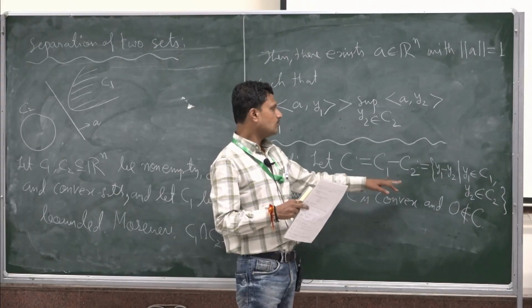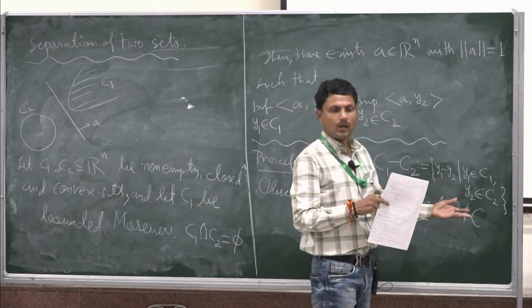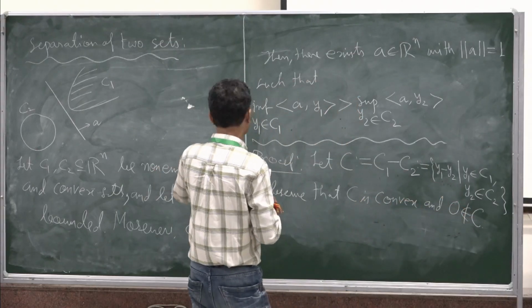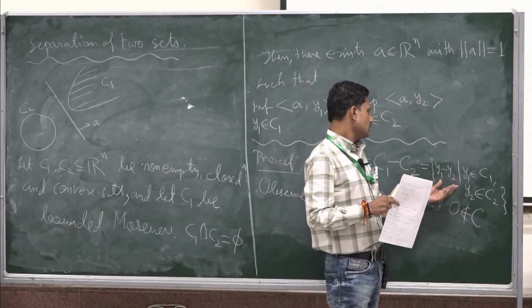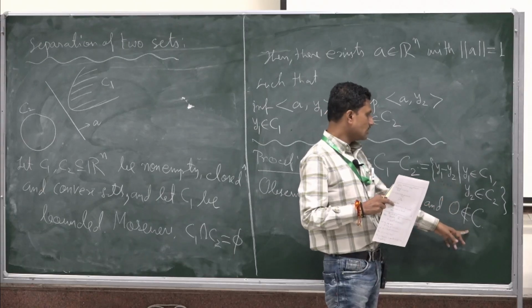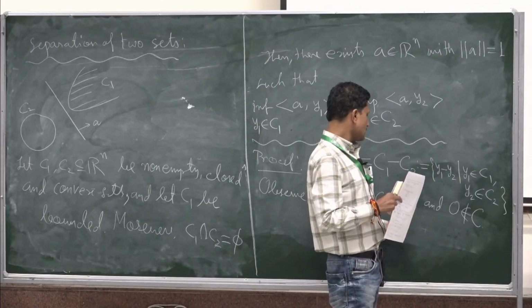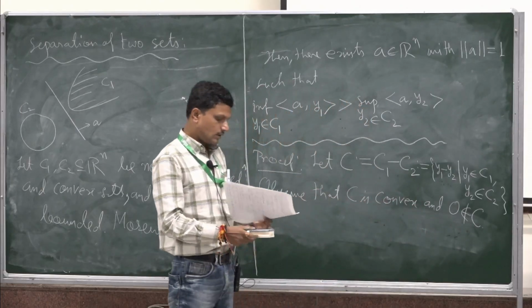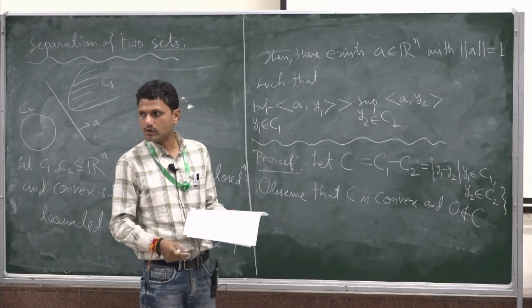So is it non-empty? Yes, because C1 and C2 are non-empty sets, so there will be some numbers in this set C. So this is non-empty, and this is convex, but now you have to prove that this set C is also closed, right?